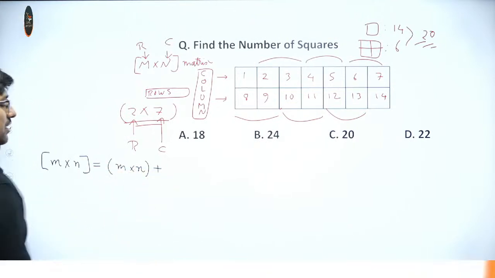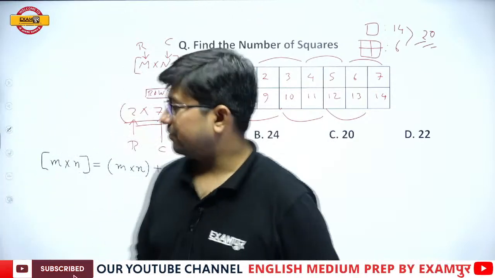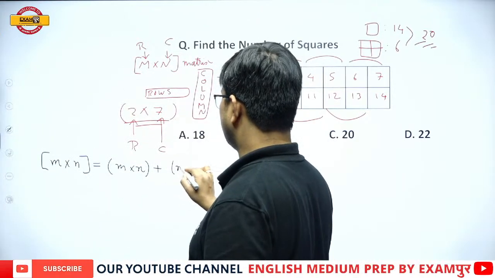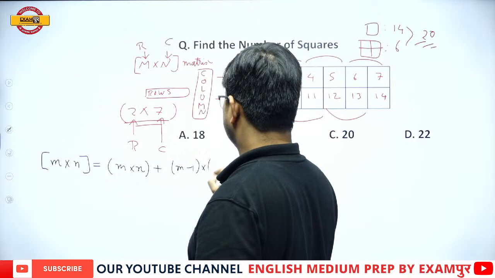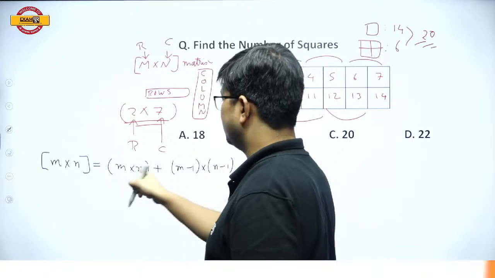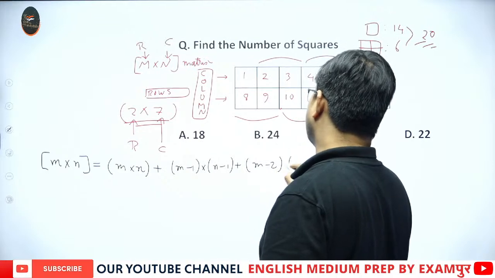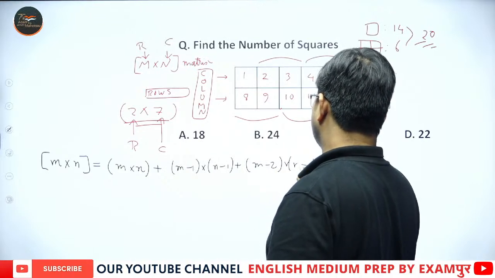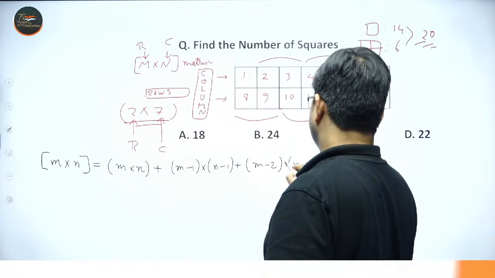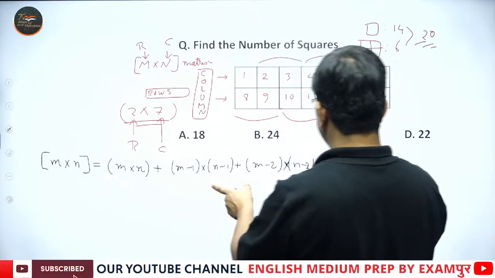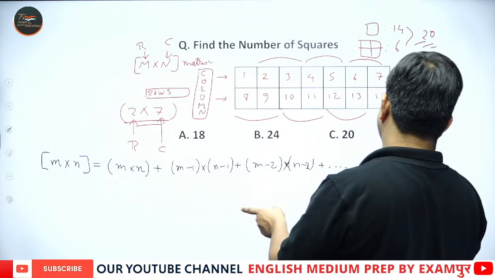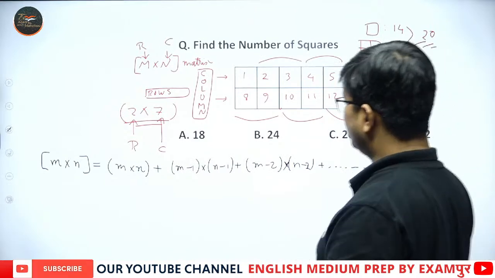After multiplying m by n, subtract 1 from both. Again, subtract a further 1 from both. You have to do this until you get one value as 0.